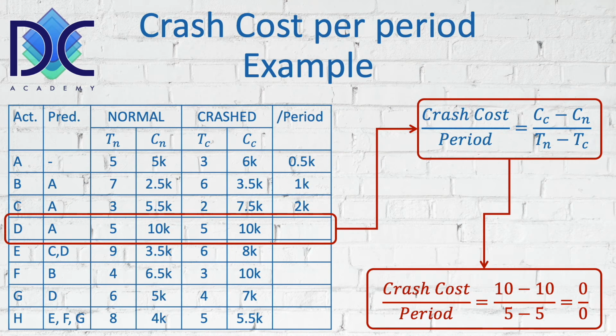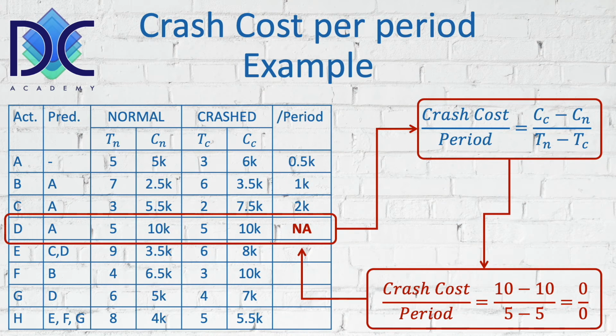So basically, we cannot say, which is a mistake done by many people, and I've seen it many times, they say the crash cost is 0. Now, that's not true. Basically, what we know here is that we cannot apply crashing on this activity.